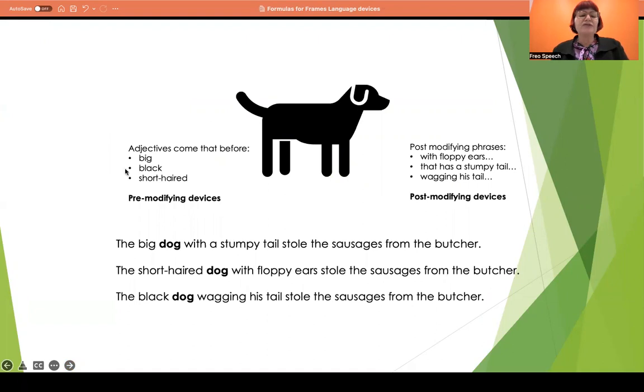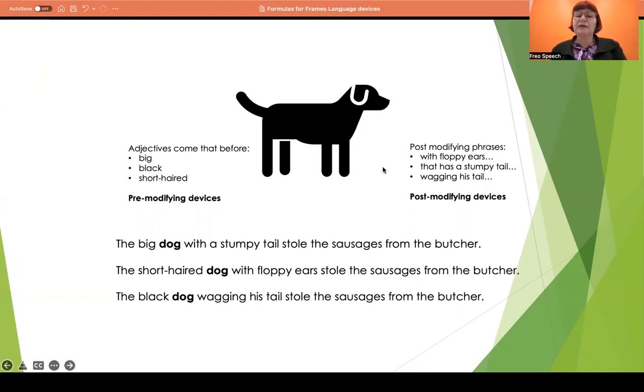So we can have adjectives that come before. We can have strings of adjectives. A black, short-haired dog. These are called pre-modifying because they come in front of the dog. The ones that come after the dog are post-modifying, with floppy ears.